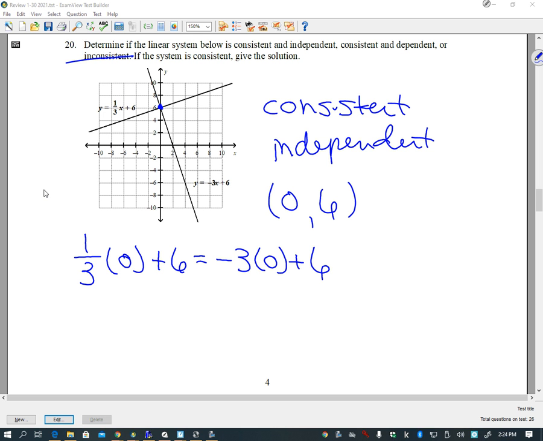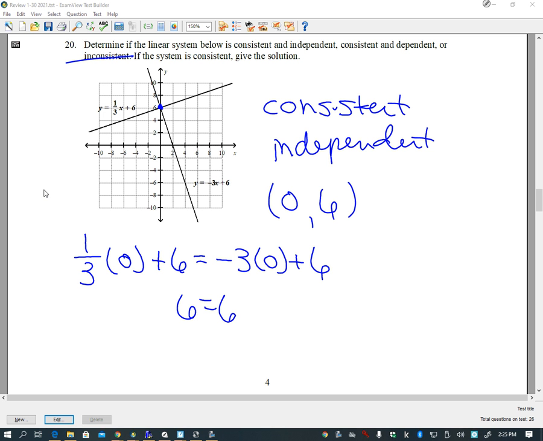The zeros are going to cancel these out, and we're going to see that 6 equals 6. So obviously the 0 coordinate works. We plugged in 0 for x because where they cross, the x coordinate is 0.